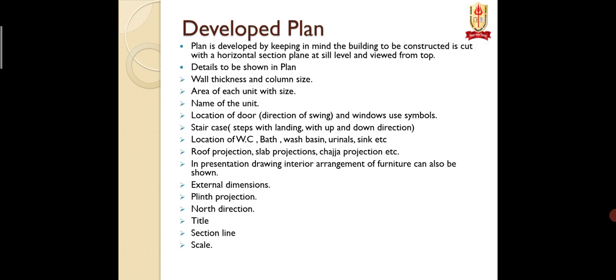In the presentation drawing, the internal arrangement of furniture can also be shown. Means this is an option. If you want, you can show it, or else it is okay. Then you can also show the external dimensions, plinth projection, north direction, title, section line, scales. So all these things should be shown in the development plan.